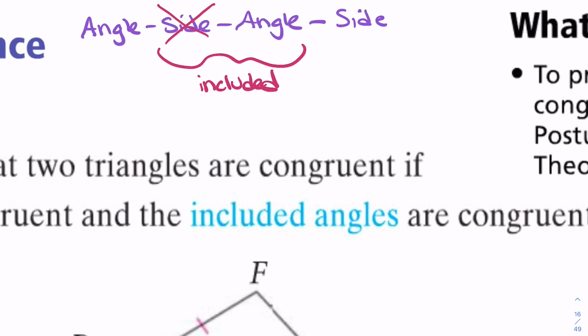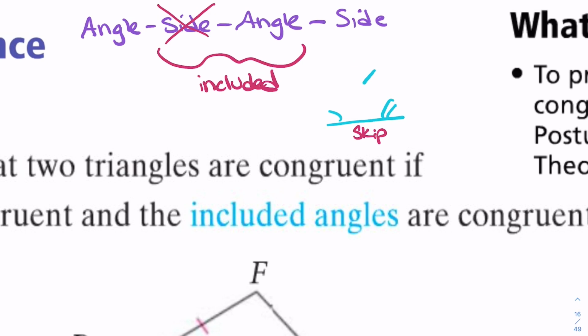So again, when you're looking at an angle, a side, you're going to skip that side, and then you're going to go look at your next angle with this side here. So it's kind of weird. This side gets skipped. But it is what it is.